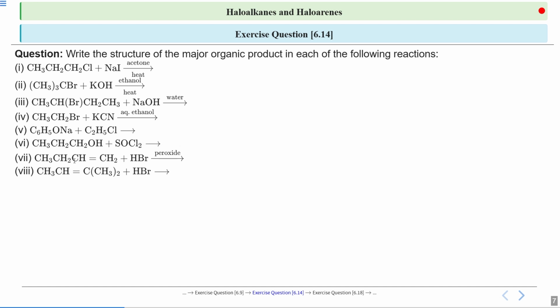Seventh part, CH3CH2CH=CH2 plus HBr in the presence of peroxide, and the eighth reaction is CH3CH=C(CH3)2 plus HBr. Then you have to tell the major organic product. Okay, so for each of these 8 reactions, you have to tell the major product that we are obtaining in each reaction.